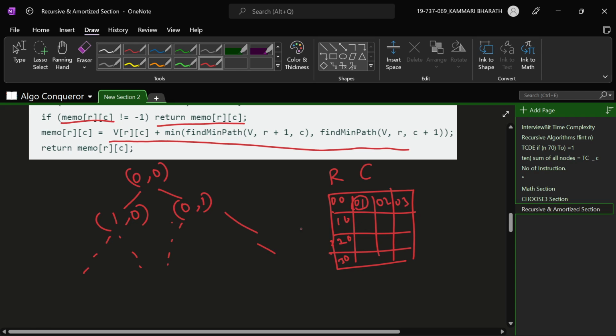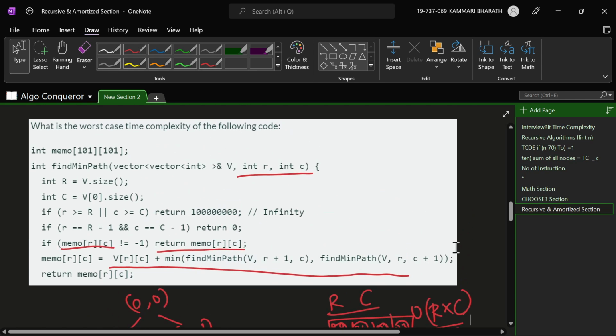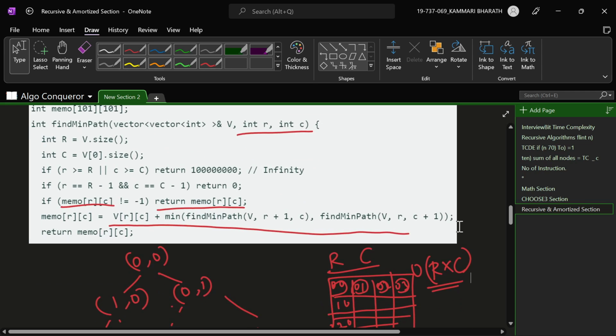Each value is calculated only once. After that, it will directly return that value. So how many values are we calculating finally? We are calculating every single cell of this matrix, isn't it? So what will be the time complexity of this function? This is R into C, big O of R into C. I hope you understood the point.